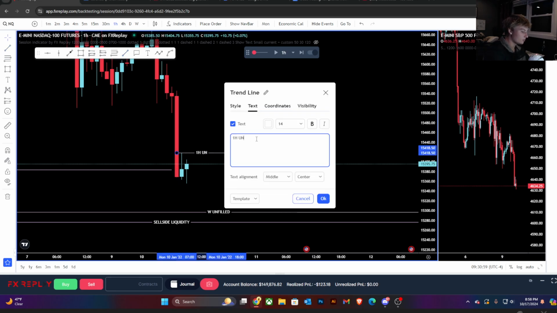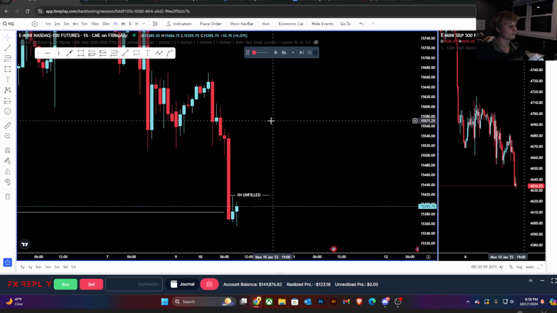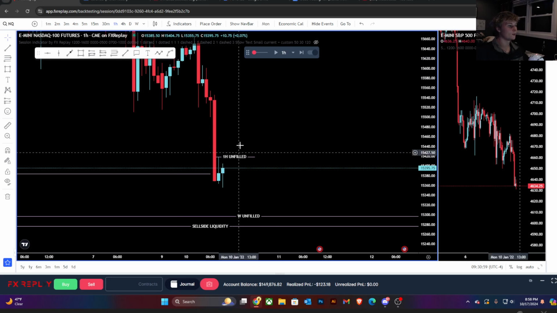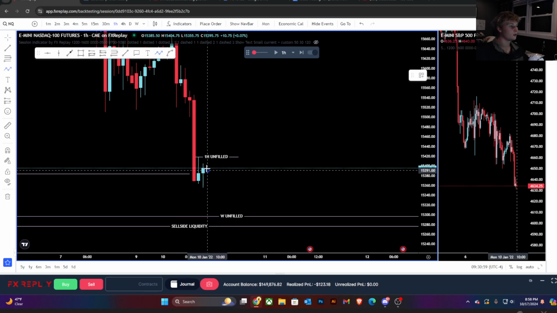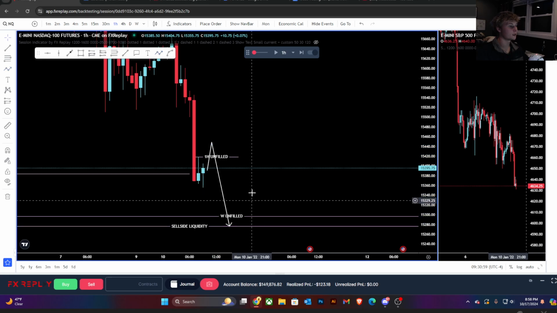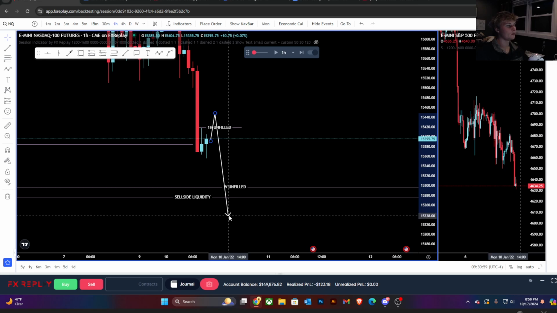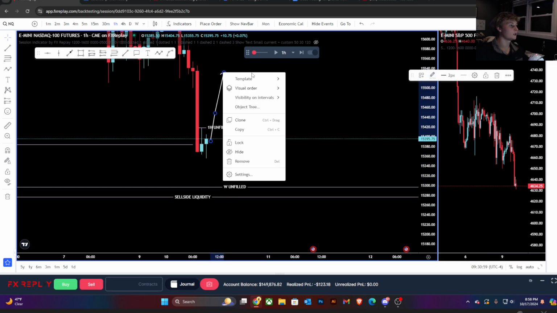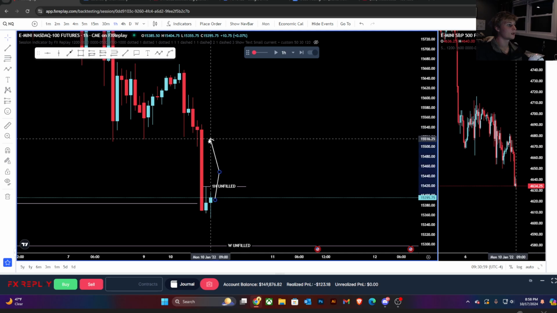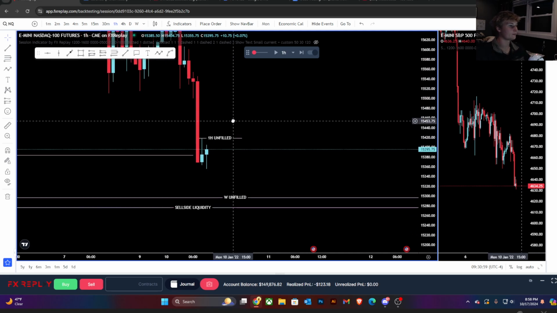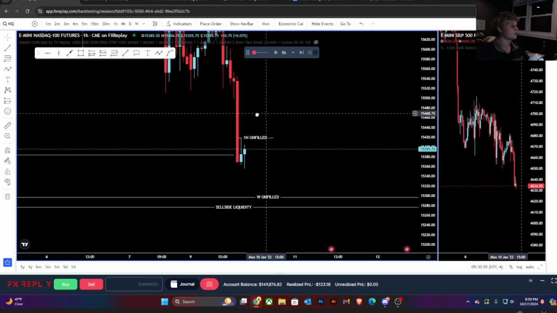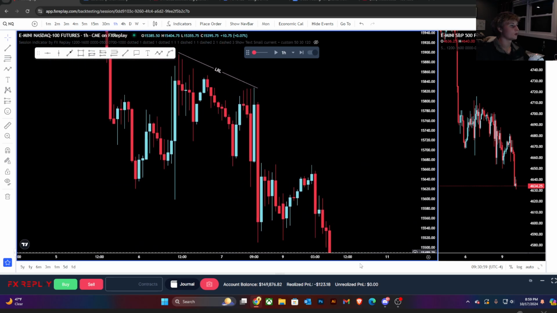We have an hourly unfilled fair value gap here, which I do think we could react off of to continue lower towards the higher time frame drawn liquidity. If we end up closing above this hourly, inversing it, then I'll be looking for longs. But right now I do think order flow is more bearish.